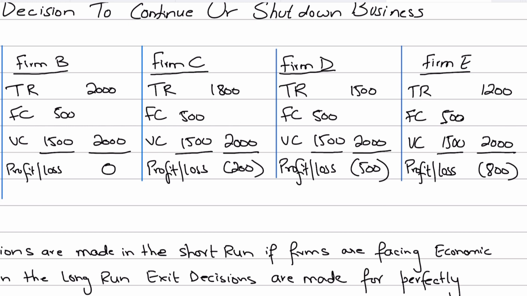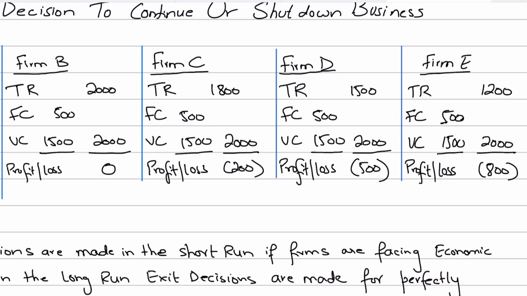Remember that the profit maximizing rule, MC equals MR, gives the maximum possible profitable quantity. It is the profit maximizing quantity, right? But at the same time, that is for a firm that is making profits.